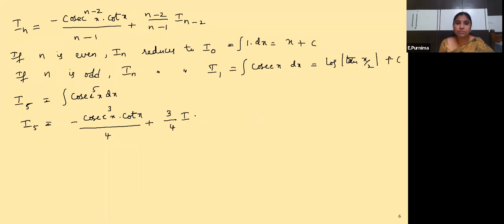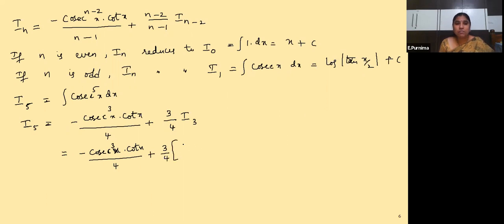That is 5 minus 2, how much? 3. So I3 we get. Now here it is again minus cosecant cube x into cot x by 4 plus 3 by 4 into I3 we are trying to do.